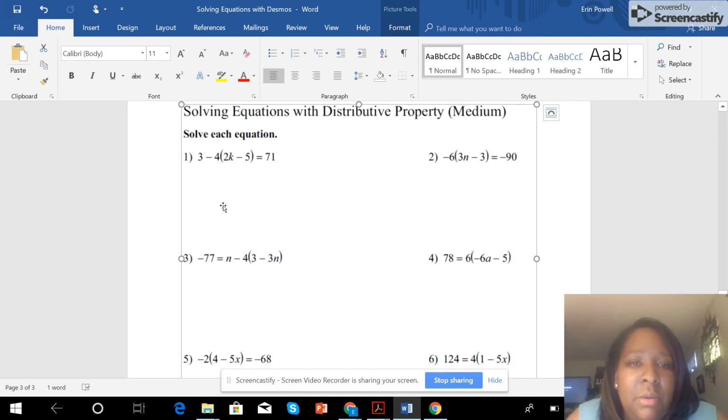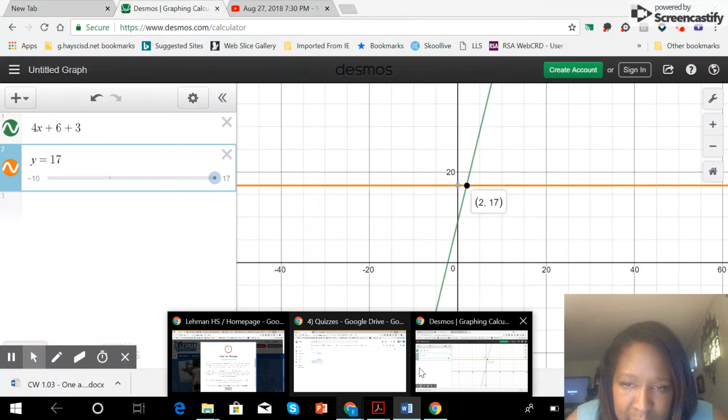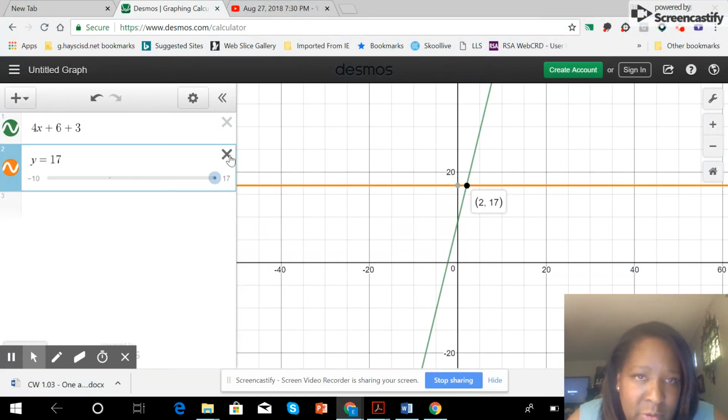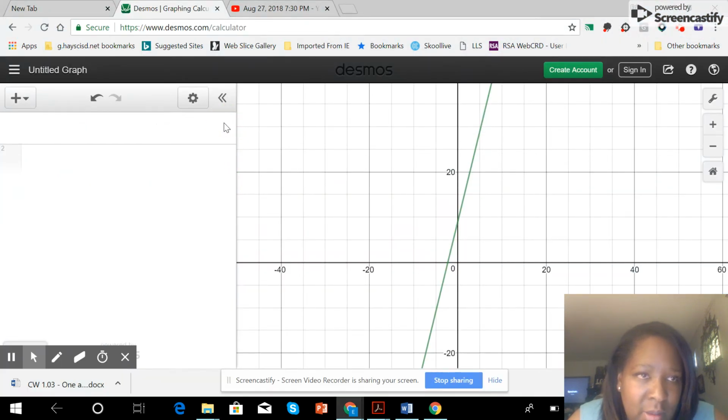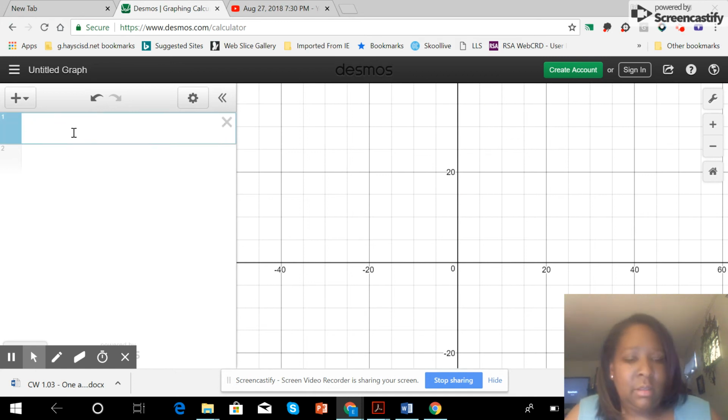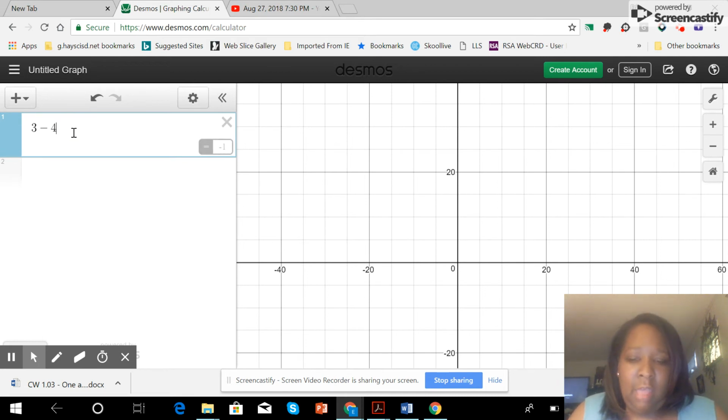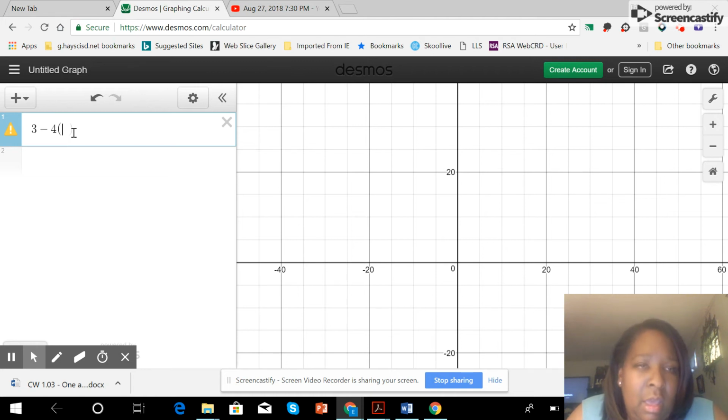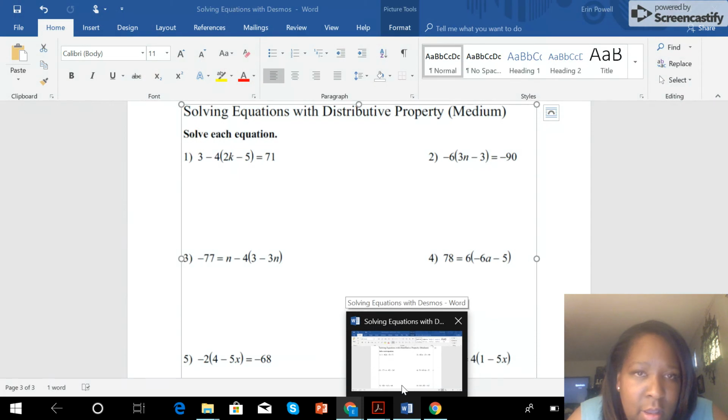Okay, so I got 3 minus 4. I'm going to type that in because my brain's not working very well to remember that whole thing. So 3 minus 4, and then parentheses, and inside the parentheses are 2k minus 5.